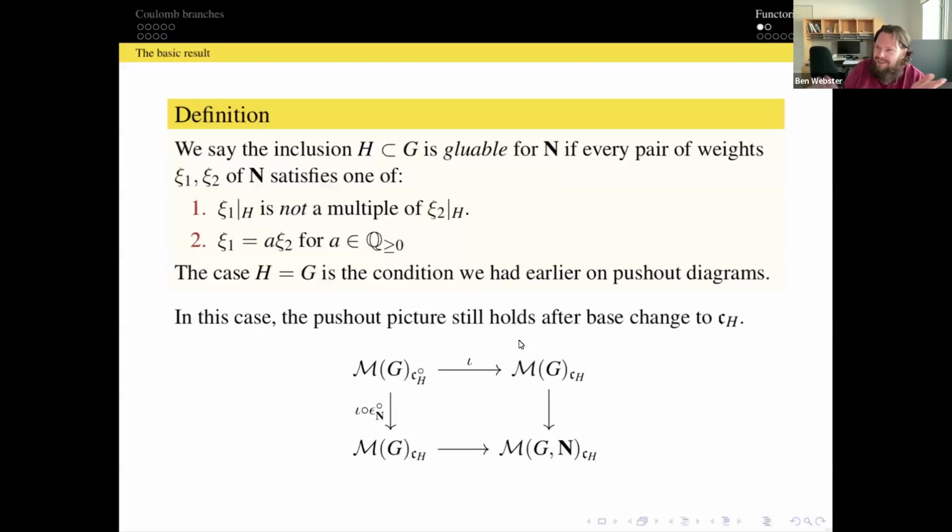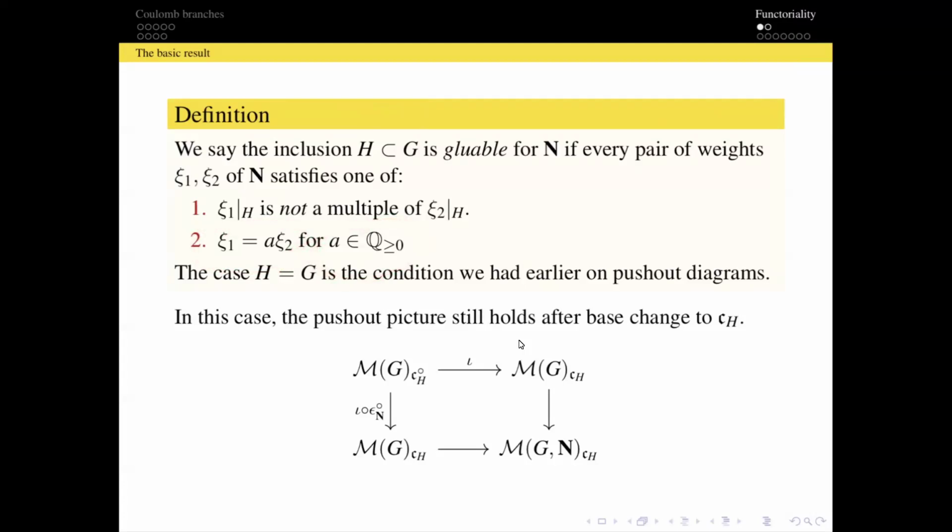So just as I had a slightly funny hypothesis on my statement about producing this Coulomb branch via gluing, I hope someday to fix this, but I'm not ready to fix it yet. I need a similar kind of hypothesis on my gluing, which is, I say an inclusion is gluable if for every pair of weights of my representation, either when I restrict them to H, they're not multiples of each other, or they are, before I restrict, they're multiples of each other by a non-negative rational number.